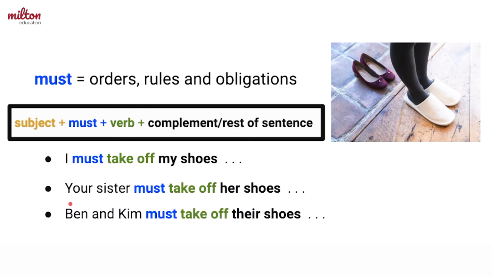Or we can even say, Ben and Kim must take off their shoes. So, no matter whether the subject is I, your sister, your brother, your dog, your classmates, or even Superman, must and the main verb have the same form in all of these sentences.